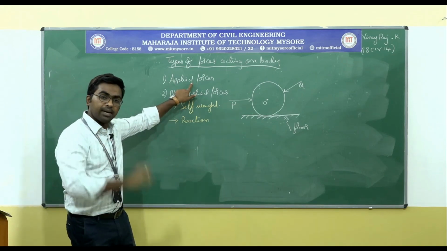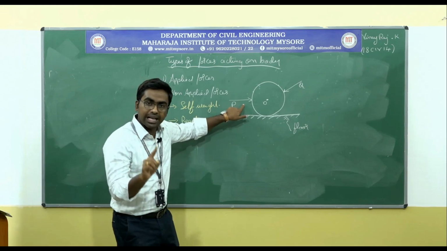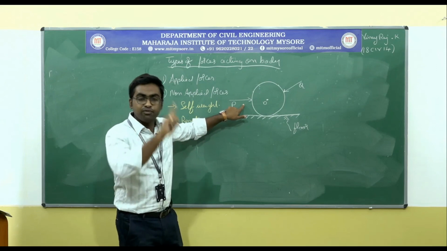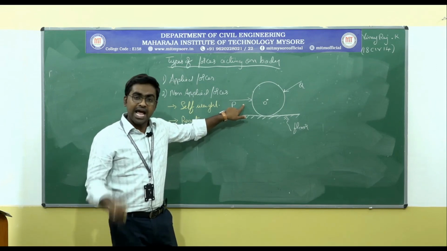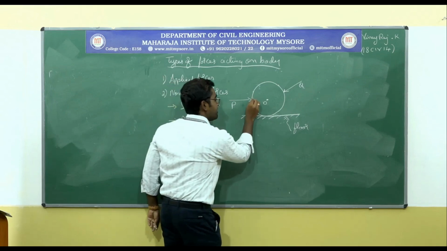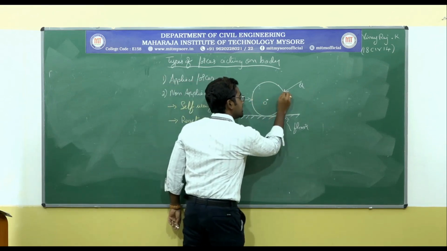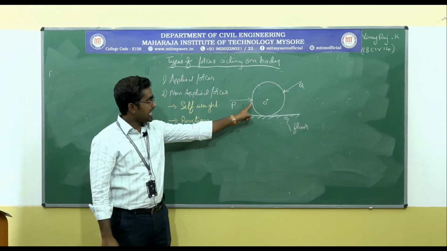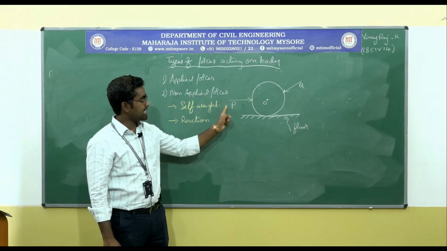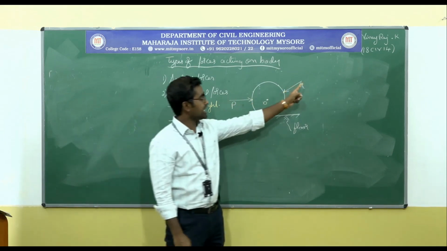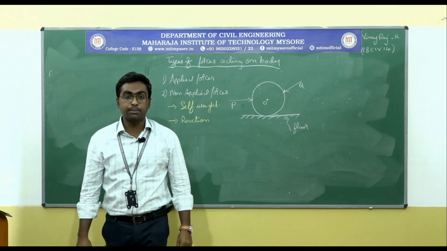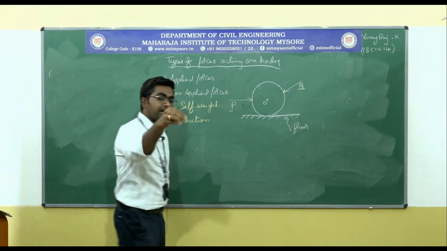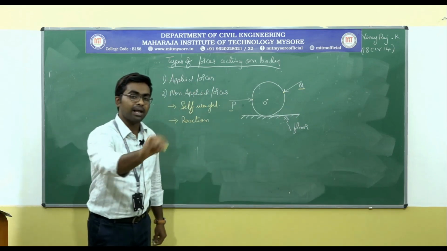Applied forces is nothing but if you are going to apply an external force on the body, then that force is called as the applied force. And always the applied force will be having a contact point on the body. See, P is having a contact point at this particular point. So P is having a contact point on the body, and Q is also having a contact point on the body.